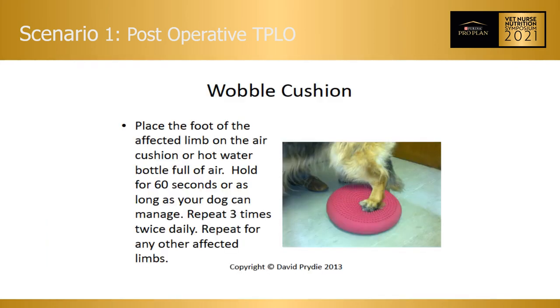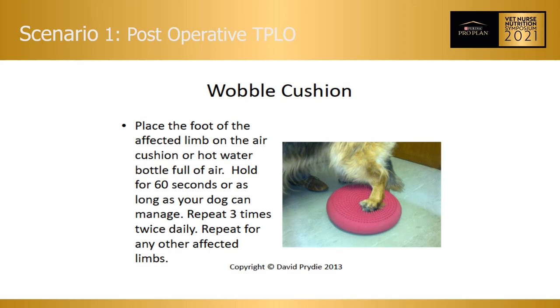So we can also use the wobble cushion exercise in these patients. We can either use a cushion or a hot water bottle that's been filled with air. And the idea is that we put the affected leg on that wobble cushion, and then we hold the unaffected leg up, encouraging all the weight to go through that leg that's been operated on.